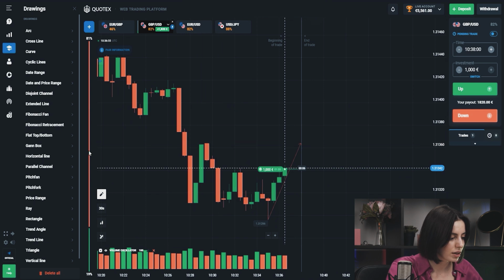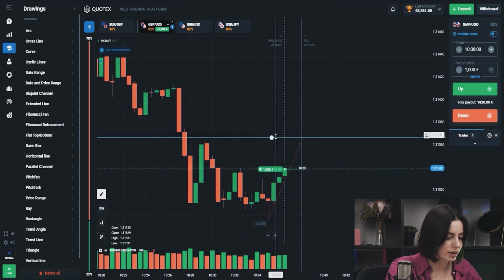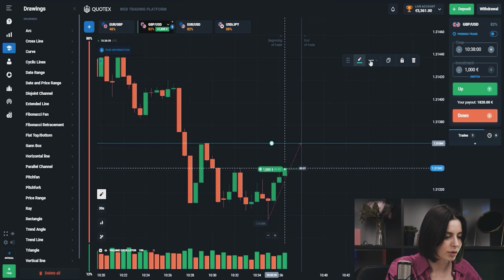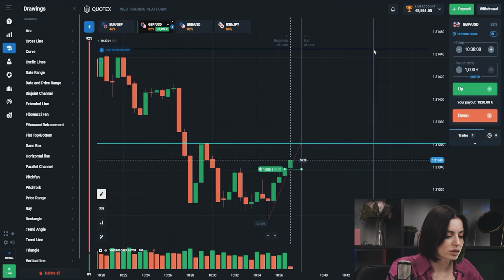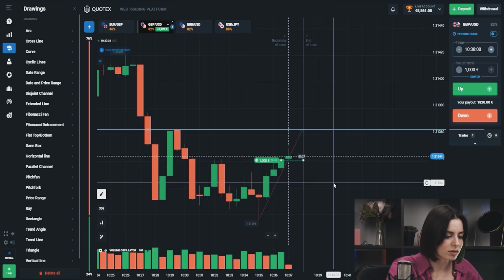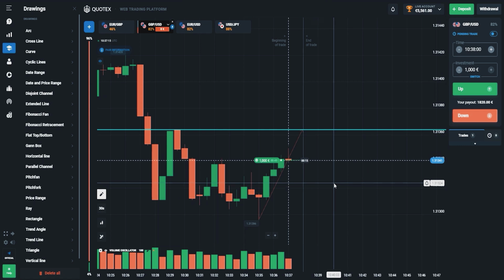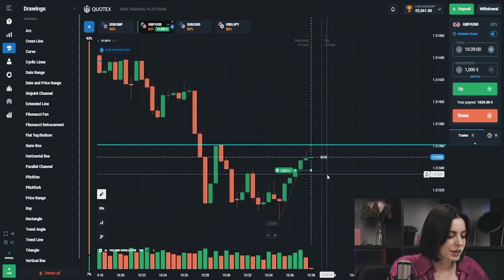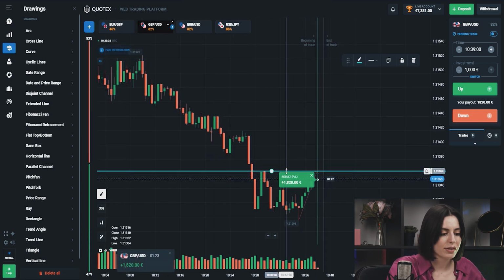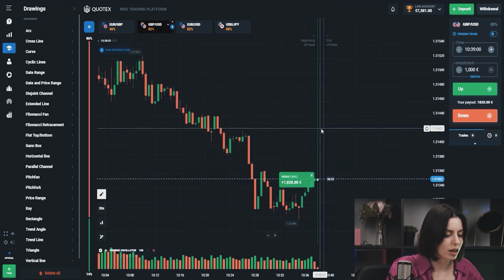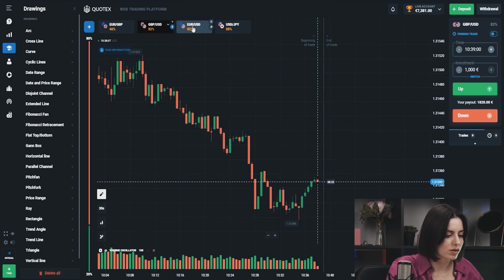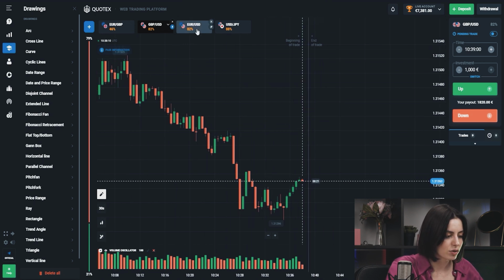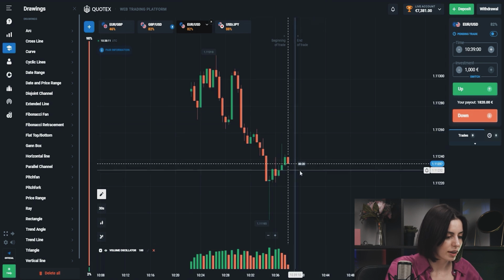And we're gonna put some horizontal line that just helps us to see what's the level the chart is gonna reach here. And here a bit closer, and you may see that it's the profit, and that was correct. It was a bit easier. Let's switch to the next pair.